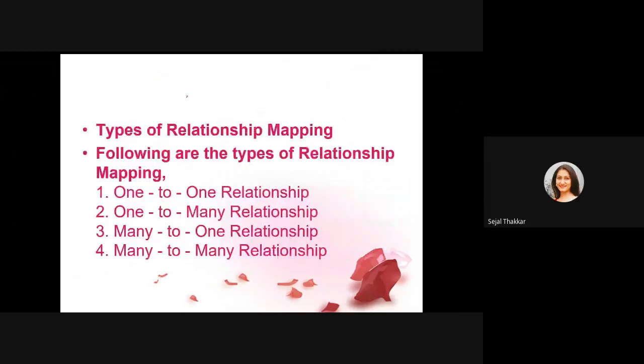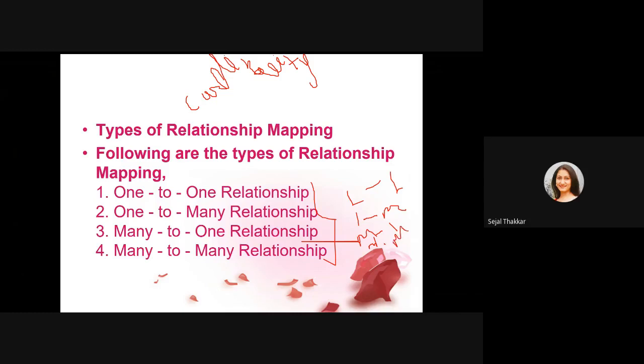The next is cardinality. Cardinality means a degree of relationship, or you can say types of relationship, which has four types: one to one, one to many, many to one, and many to many.